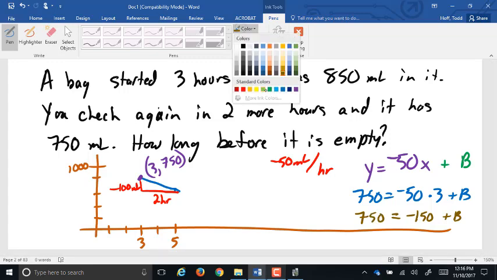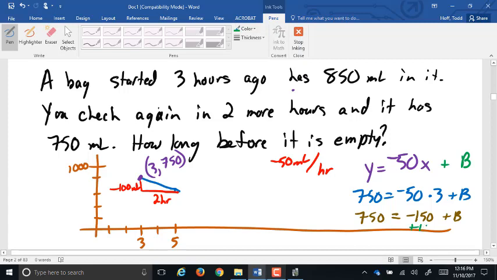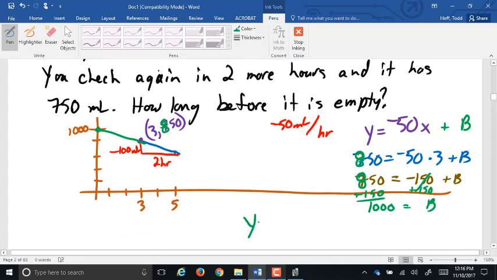Solving for b, we would add 150. That should have been 850, because it's 850, not 750 there. 850 plus 150 is 1,000 milliliters. So that's saying it started at 1,000. So the equation is y equals negative 50x plus 1,000. So we started at 1,000.